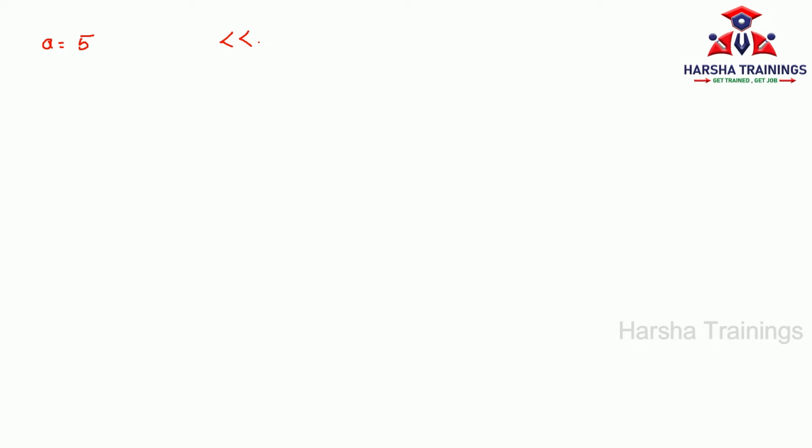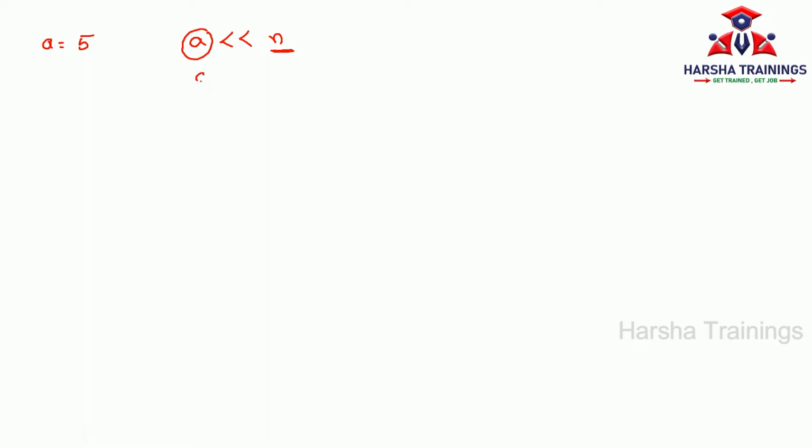The syntax is the variable, suppose a << n. What is the meaning of this? On the variable a, we are performing the left shift operation n number of times.